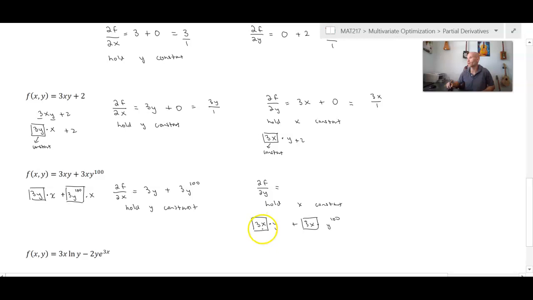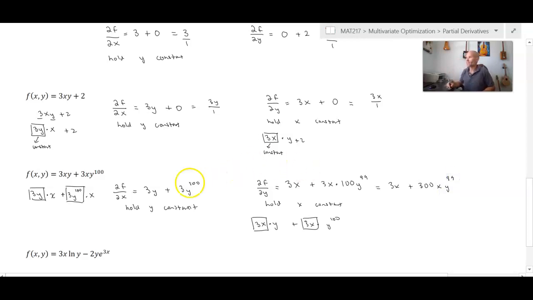The derivative of a constant times y with respect to y is the constant. Now, here I have a power rule because I have a constant times the derivative of y to the 100th, which is 100 y to the 99th. So this will be 3x plus 300x y to the 99th.